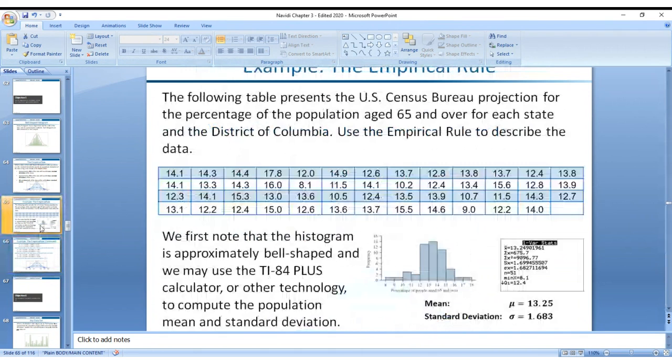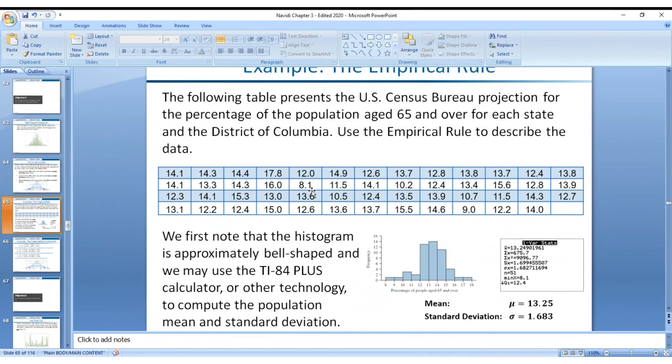But there was one sole value that was lower than 8.2, and it was the 8.1, the Alaska. So when we went out to 3 standard deviations, it swallowed up 2 more in that span. The only one now is 8.1.